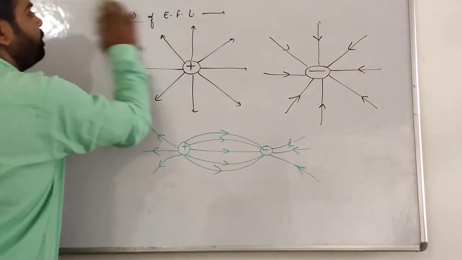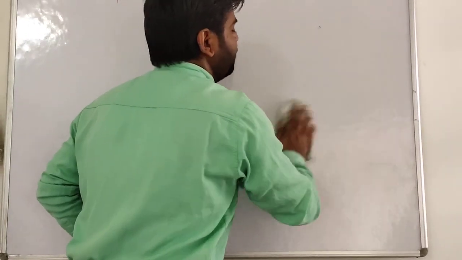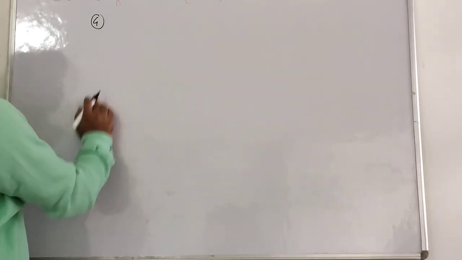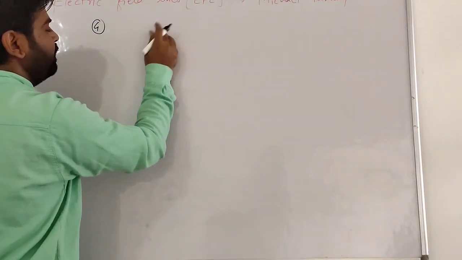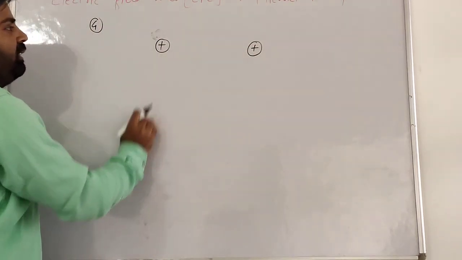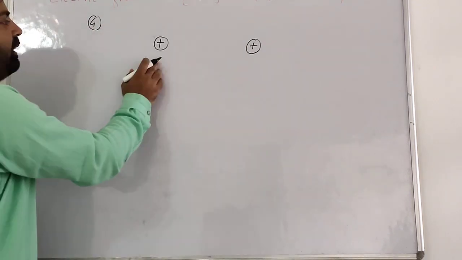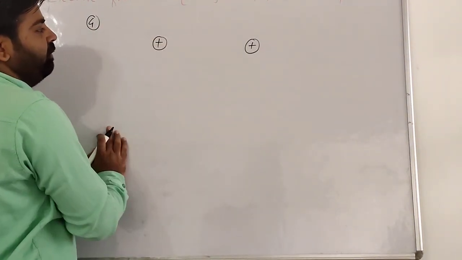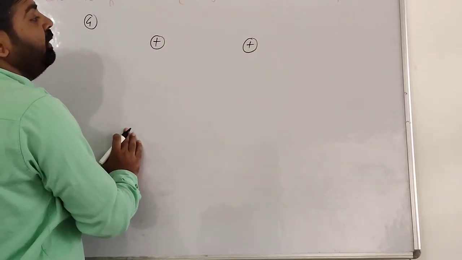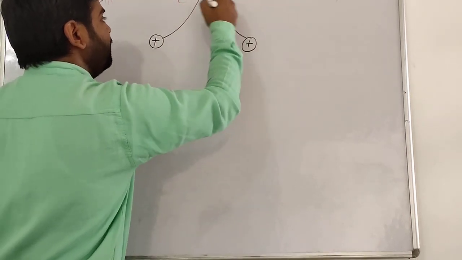Fourth property: when same nature charges are put close to each other. We consider positive or negative. Now we consider both are positive charges. When same charges are put very close to each other, then the electric field lines always repel each other in this way.